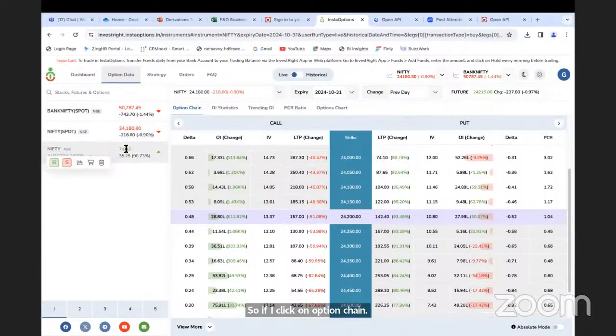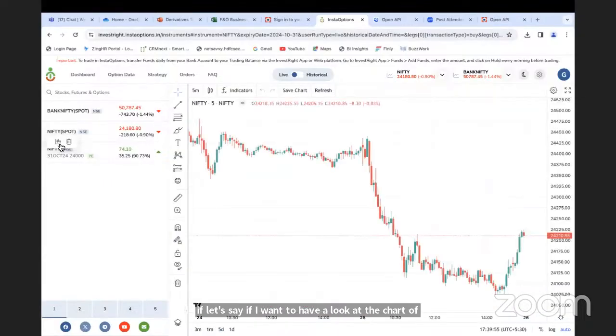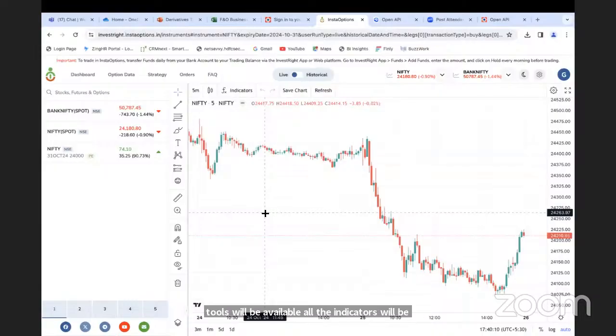If I want to look at the chart of Nifty spot, I click on this particular icon which shows the chart, and the chart will open. This is a TradingView chart. All the charting tools and all the indicators will be available over here, and there is no limit on the number of indicators that we can apply. The limitation is there on the free version of TradingView, but here there is no limitation.